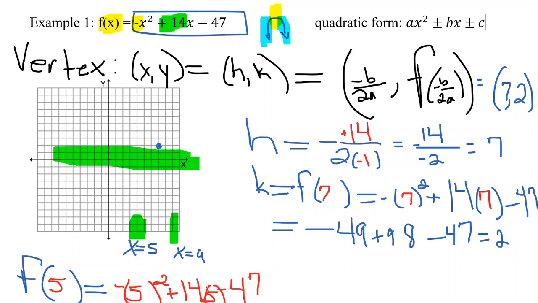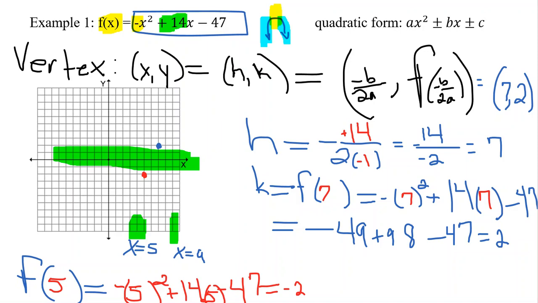Then I add 14 times 5, and then I subtract 47, and it gives me negative 2. So where x is equal to 5, we go 1, 2, 3, 4, 5, and my y is negative 2, so right here.